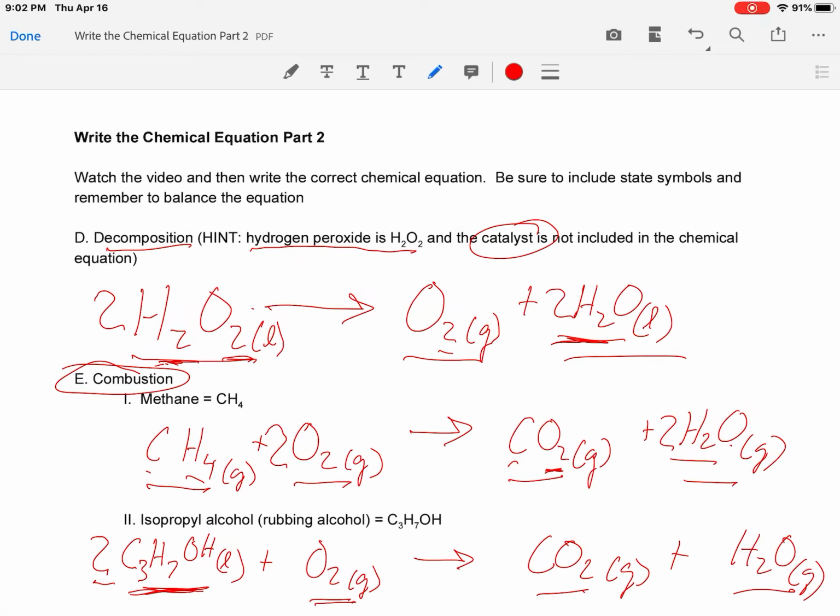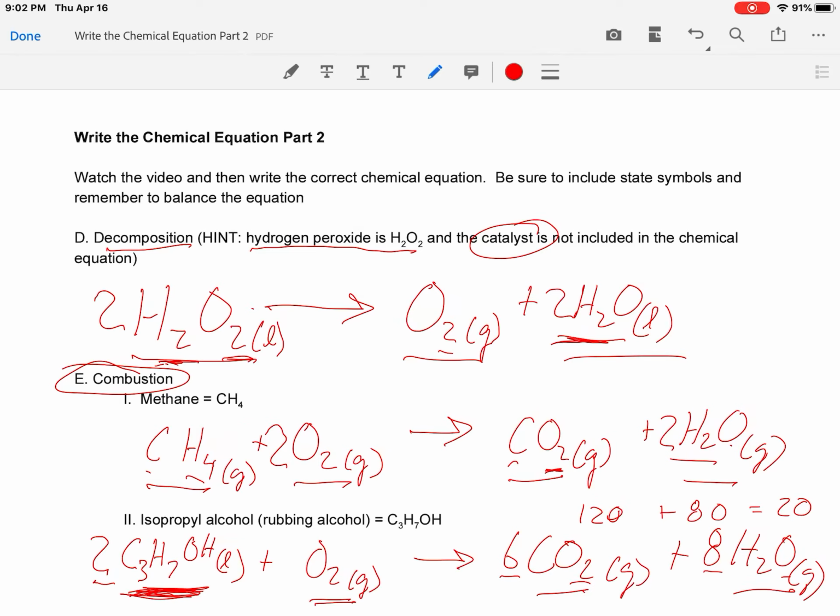If I've got 2 of these isopropyl alcohols, that means I need 6 carbons on the product side. And now I've got 16 hydrogens over here on the reactant side, so that means I need 8 waters. And now let's count up the oxygens on the product side. I've got 6 times 2 is 12 oxygens from the carbon dioxide, and I've got 8 times 1, so 8 more oxygens over here, and that means a total of 20 oxygens on this side.